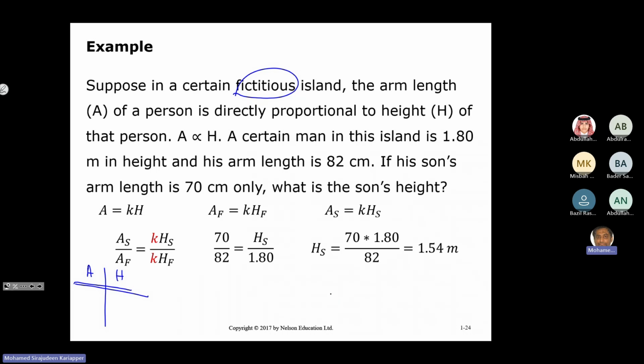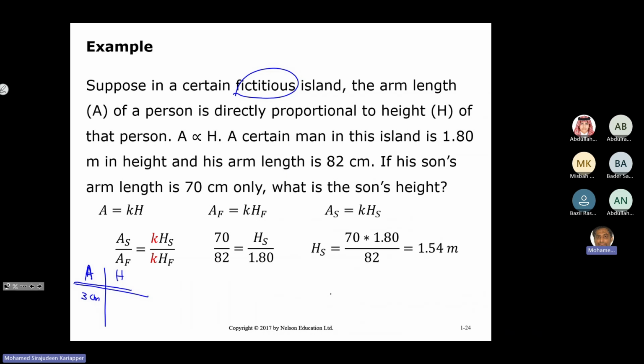So let's say A for the arm length. Maybe a small child has an arm length of, let me put it in centimeters, let me make up some numbers. Maybe an infant probably has a short arm length. So let's say 3 centimeters. Maybe too small, I don't know.